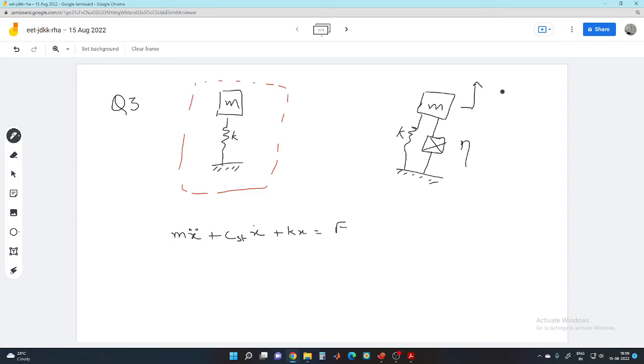This was f sine omega t, or in complex form we can write f e raised to power j omega t. It is better if we write f naught e raised to power j omega t. If we non-dimensionalize this, c structural is nothing but h by omega, and h is the hysteresis constant.